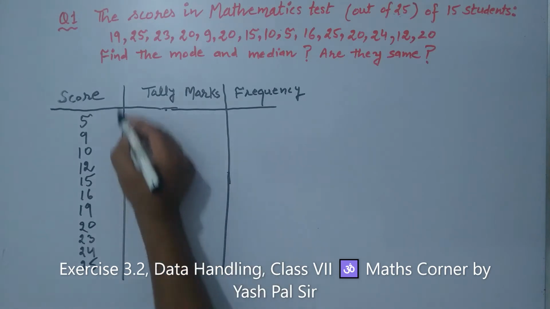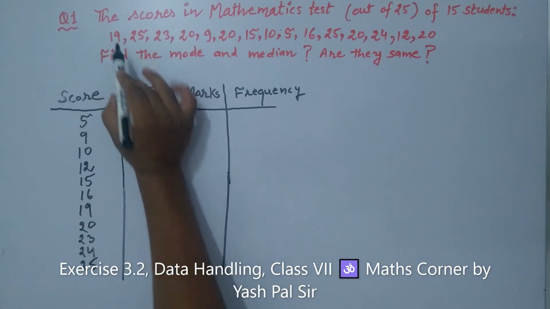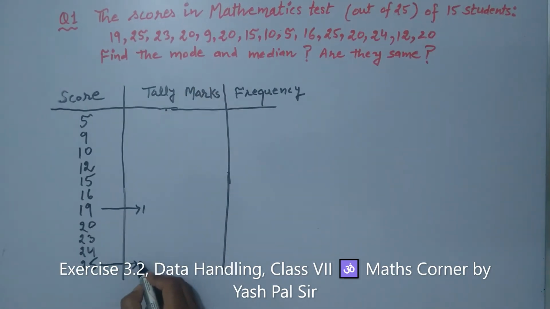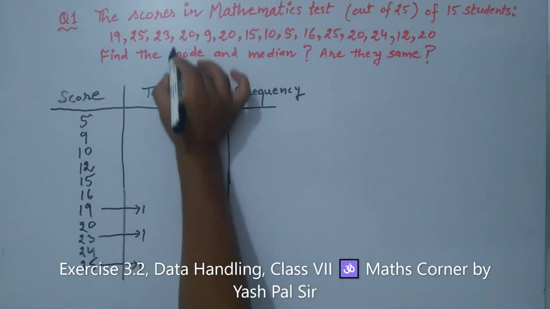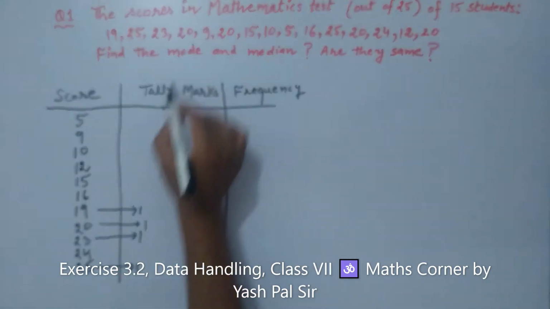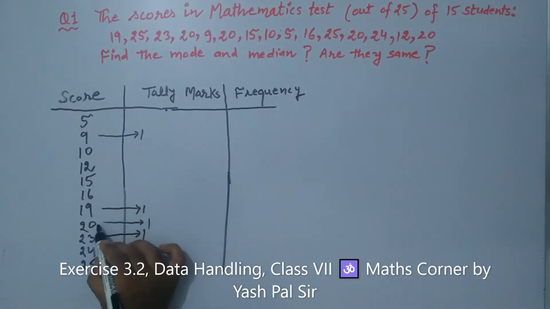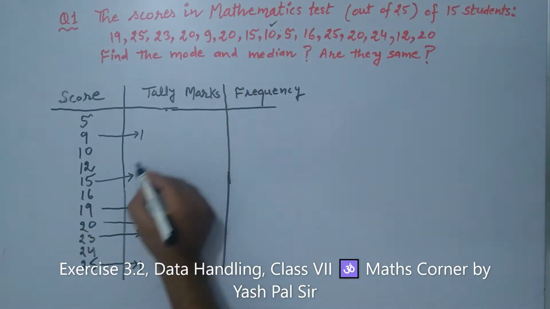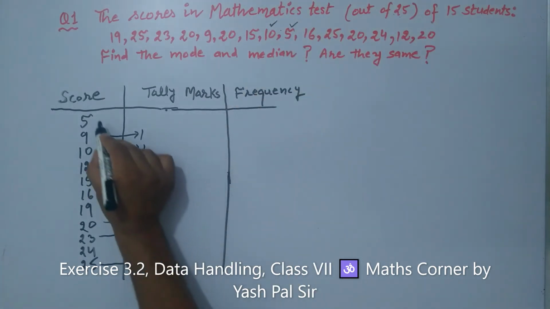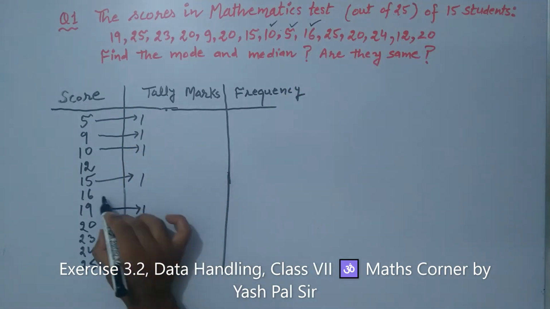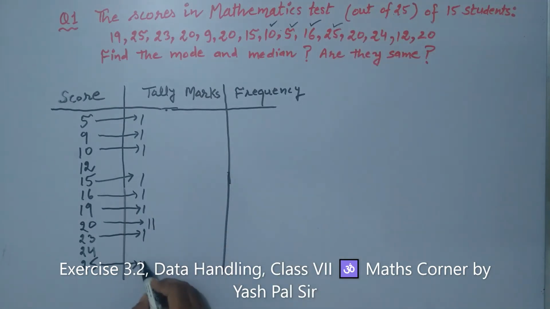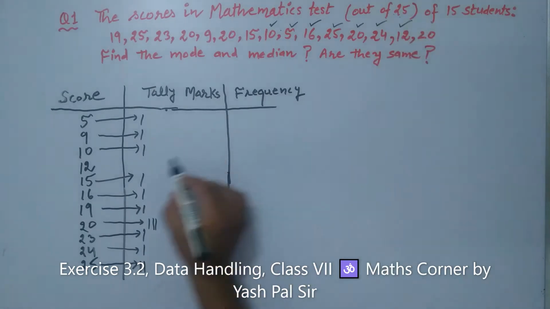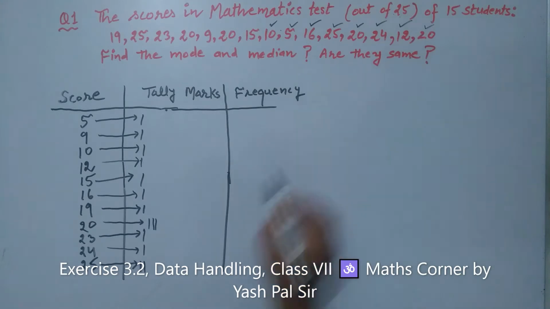So how many times? First of all, we see now 19. 19 means one time, 25 one time, 23 one time, 20 one time, 9 one time, 20 second time, 15 one time, then 10 one time, 5 one time, 16 one time, 25 again, 20 again, 24, 12, next is 20 again.